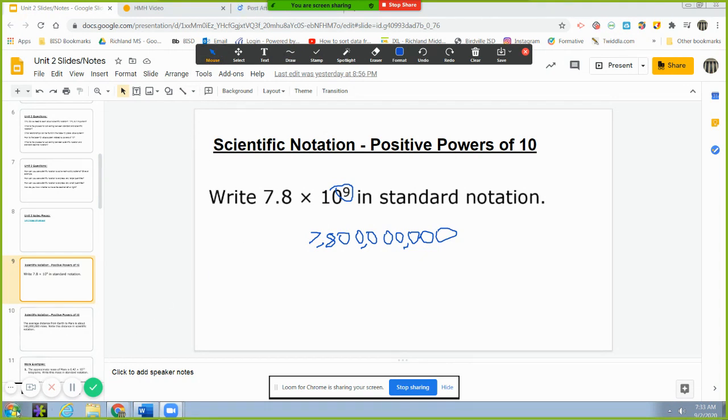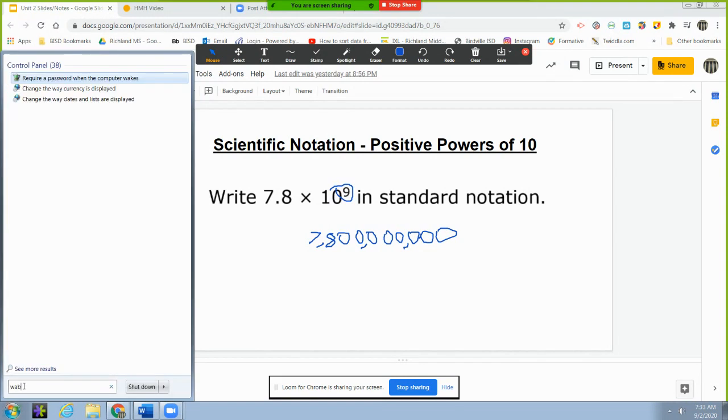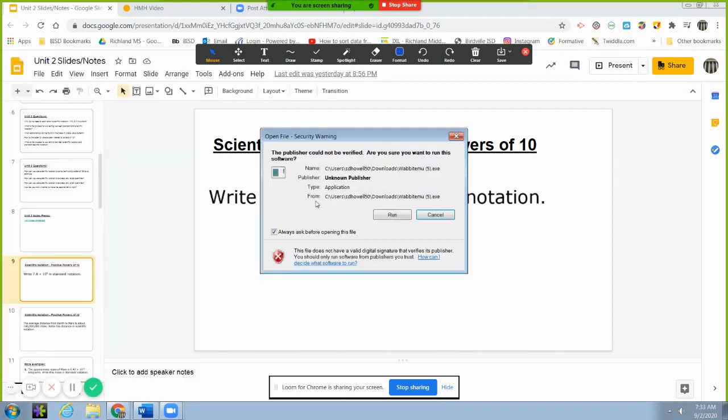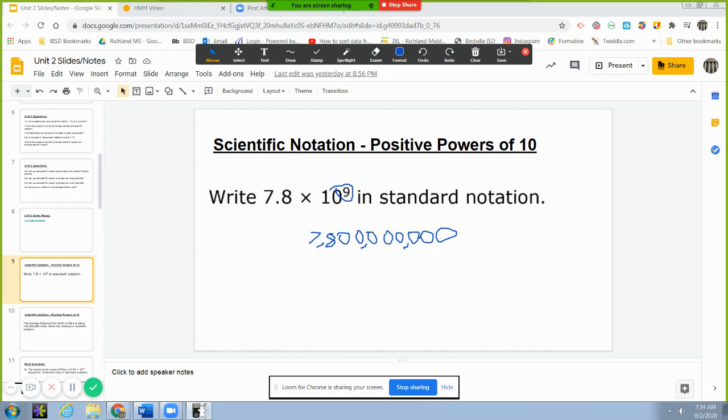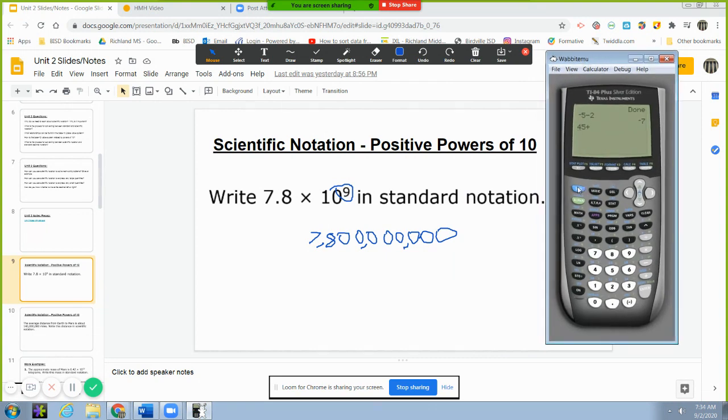And I want to show you something else on your calculator. Let me pull mine up here. Let's clear it. And I'm going to put this in the calculator and see if it'll come up here. 7.8 times 10.